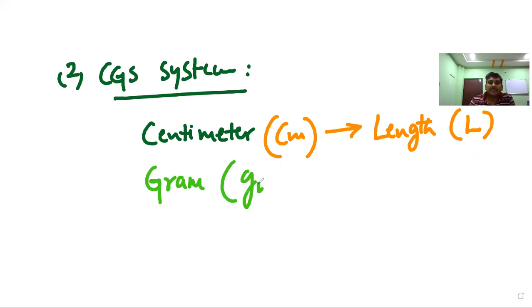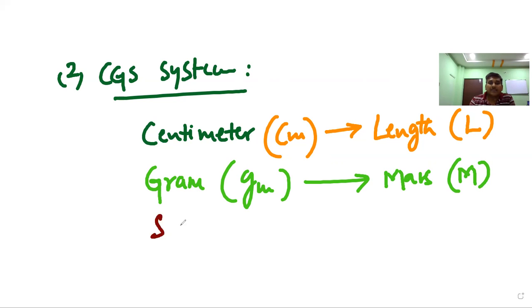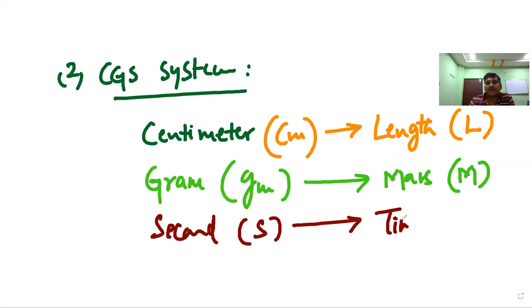Notation is gm. It is the mass, capital M. And finally, the S stands for the second. It is for the time, fundamental quantity T.